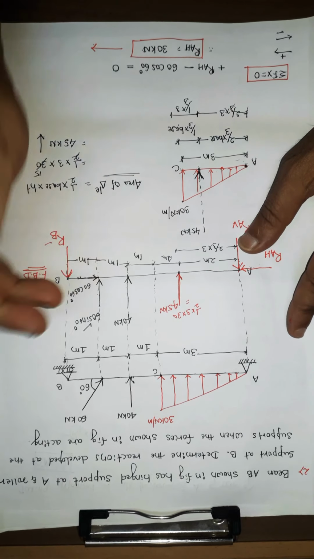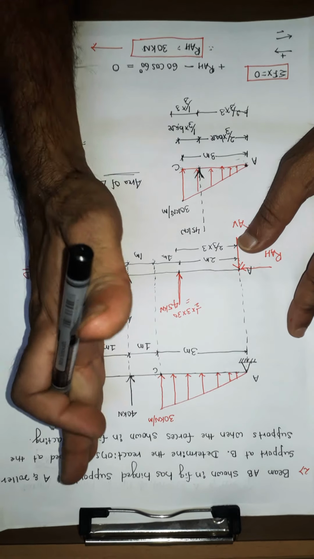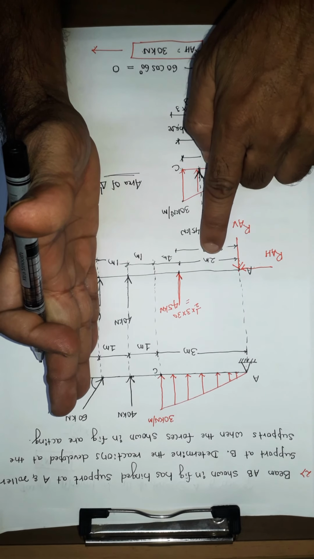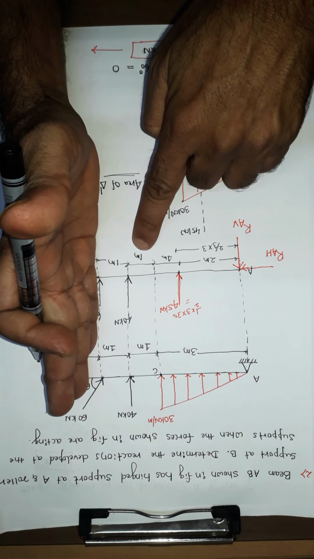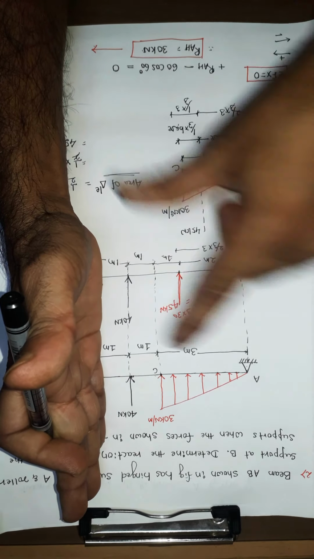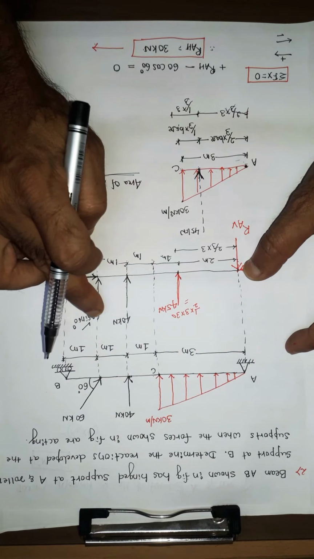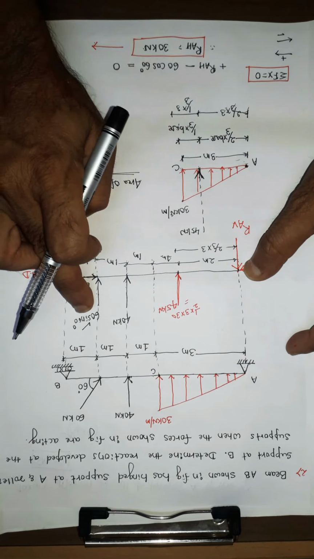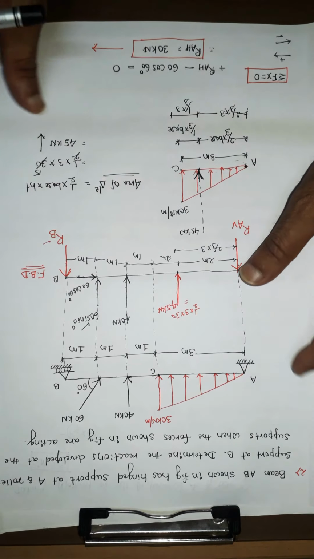Now the next force is 60 sine 60. What is the perpendicular distance between this force and A? That is 3 plus 1 plus 1, so that is 5. With reference to A, this force will produce clockwise, so plus 60 sine 60 into 5.